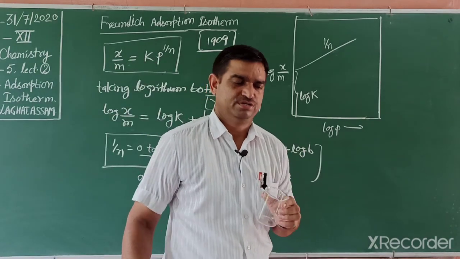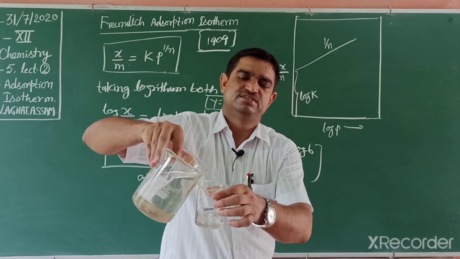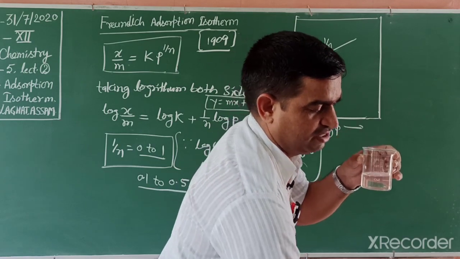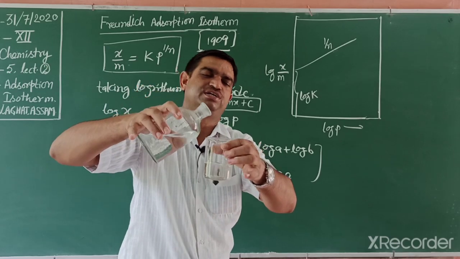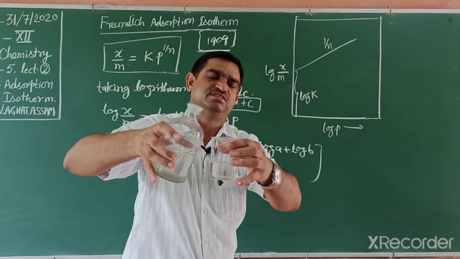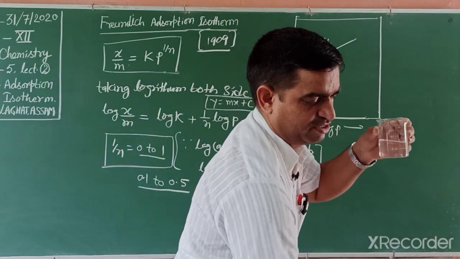In a solution, we take water and acetic acid. I take water, and in this water I mix some acetic acid. This acetic acid is also colorless. I mix some acetic acid. So this is a solution, a homogeneous mixture.